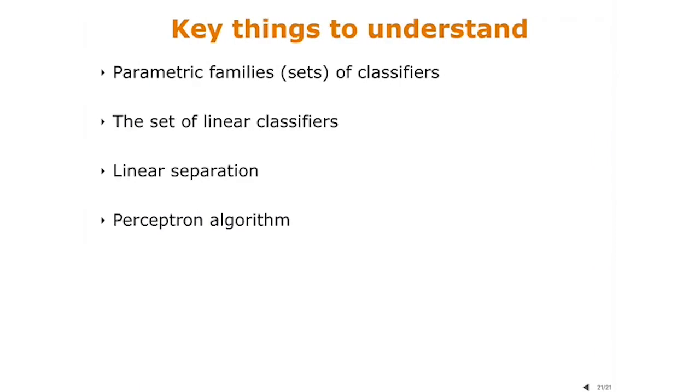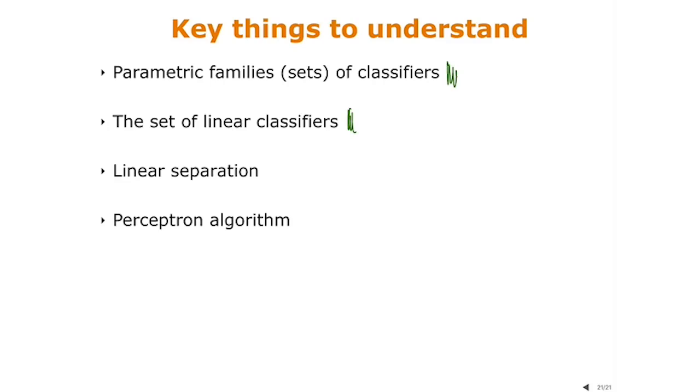So what are the key things to learn from this lecture? We talked about parametric families of classifiers, sets of classifiers. When we look at a classification problem in light of a training set, we define a set of classifiers, our choices, from which we find a classifier that best fits the training set. We defined specifically what the set of linear classifiers is, and how to parameterize linear classifiers.